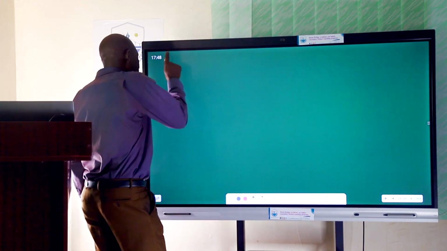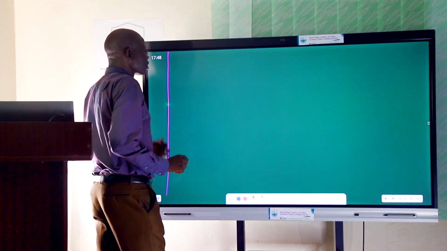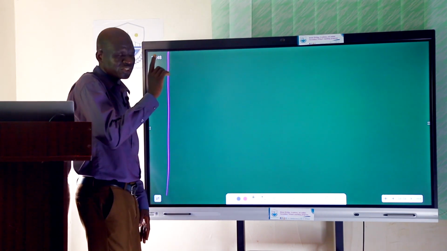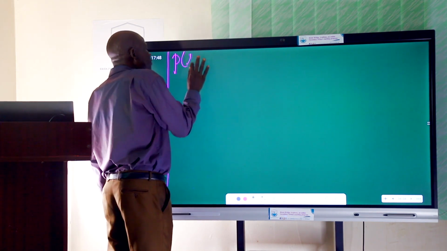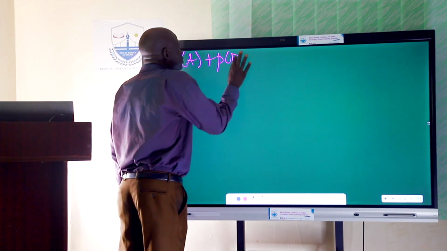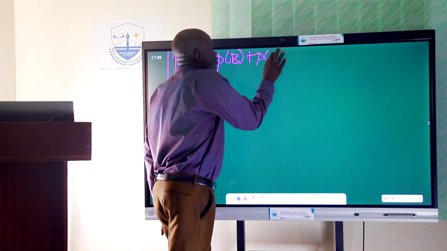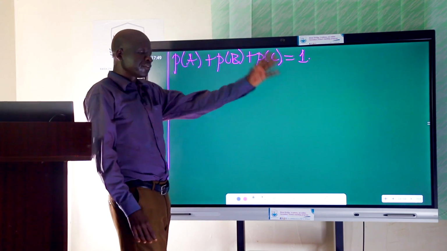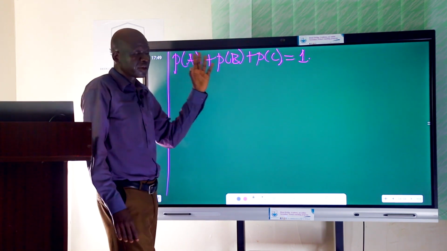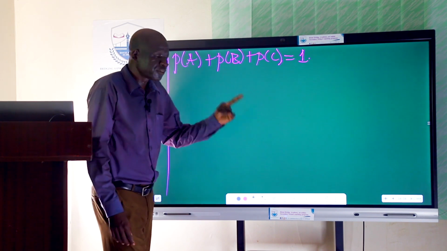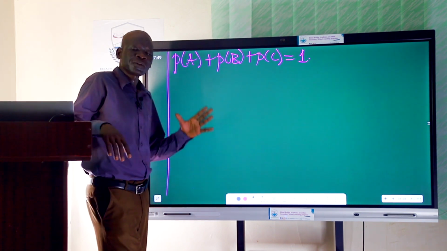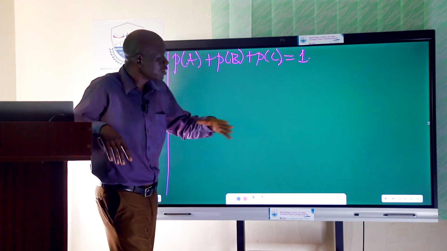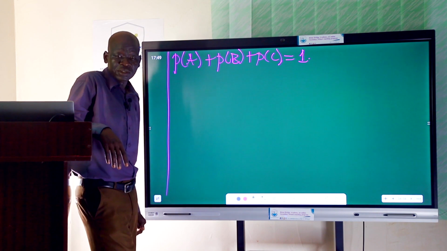That is to say, for given events A, B, and C, probability of A plus probability of B plus probability of C must be equal to 1. Whether there are 100 of them, you will add all of them, but the answer is 1. P of A plus P of B plus P of C plus P of D, depending on the number you will be given, you must always get 1.